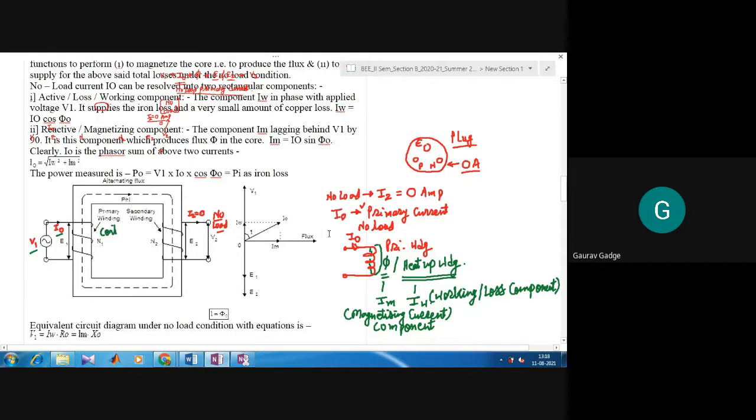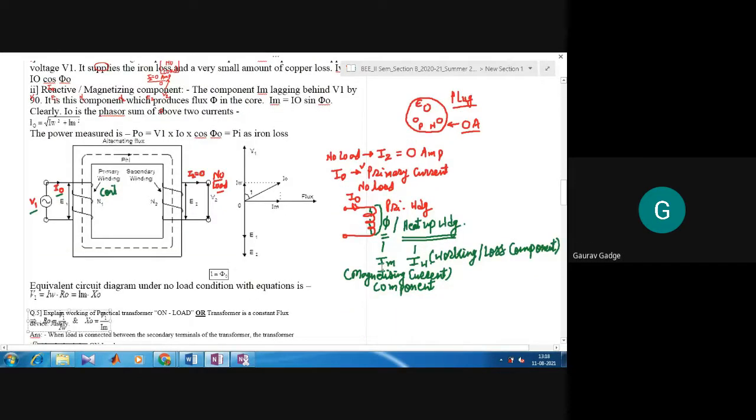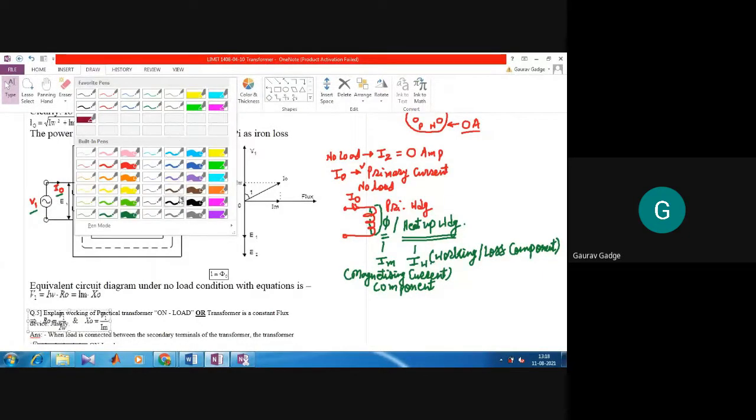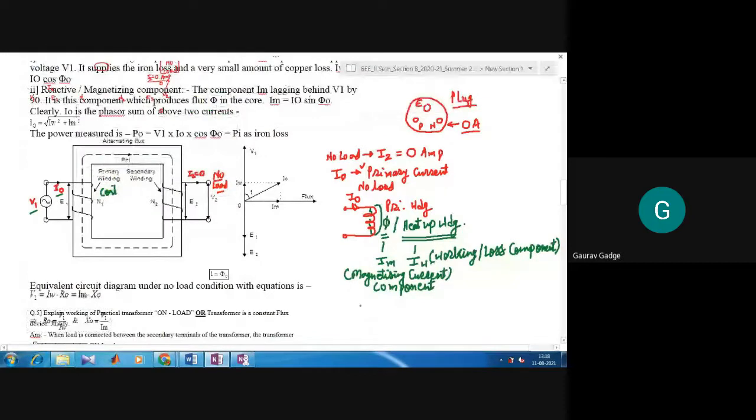If there is a coil, what does the coil mean? There is an inductor. Now what is an inductor? See, there is a coil.